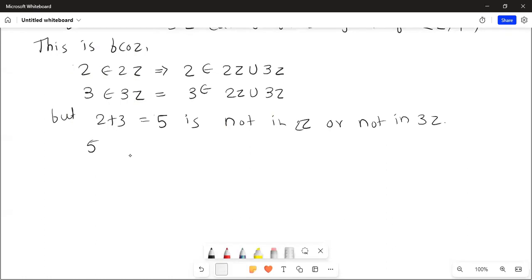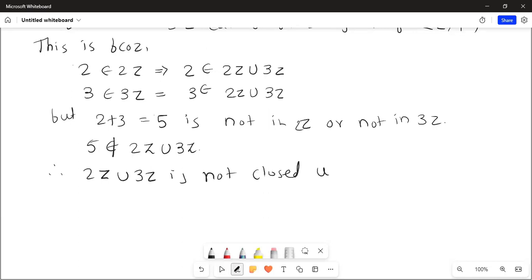That means 5 does not belong to 2z union 3z, and therefore 2z union 3z is not closed under addition और यूनियन.